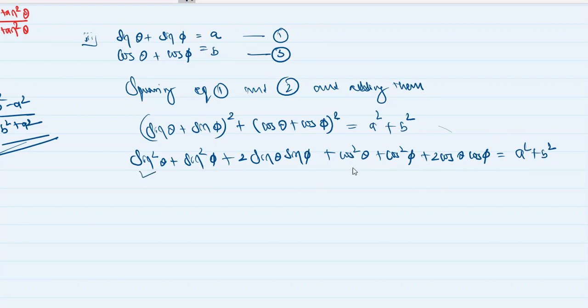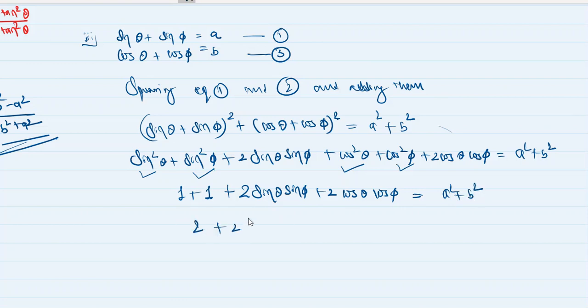So sin square theta plus cos square theta will be 1. Sin square phi plus cos square phi will be 1. So 1 plus 1 will be 2, plus 2 sin theta sin phi plus 2 cos theta cos phi is equal to a square plus b square.